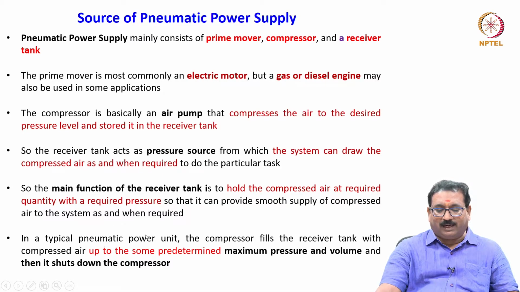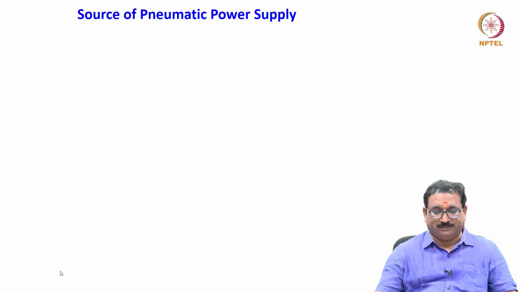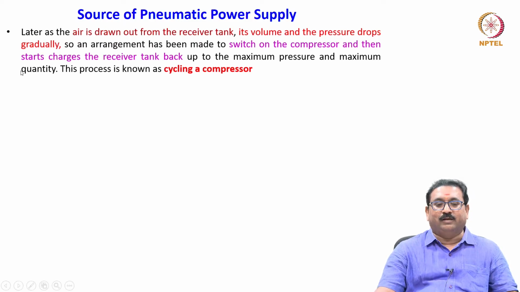In a typical pneumatic power unit, the compressor fills the receiver tank with compressed air up to some predetermined maximum pressure level and volume, and then it shuts down the compressor. Later, as the air is drawn out from the receiver tank, its volume and pressure drop gradually.